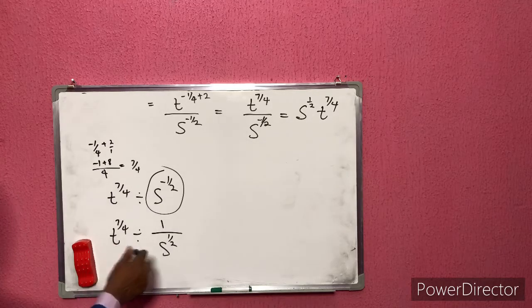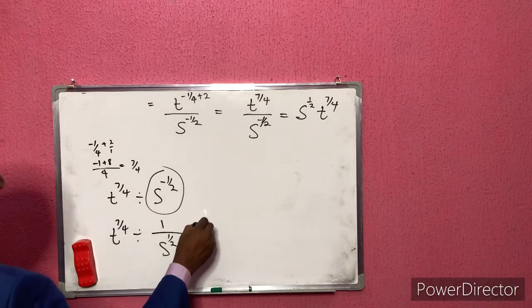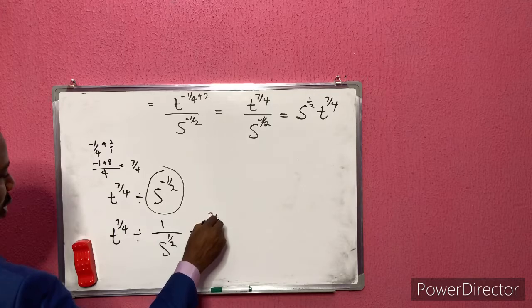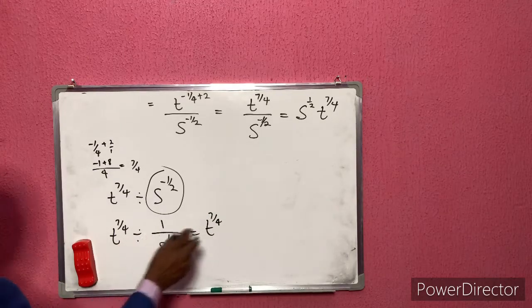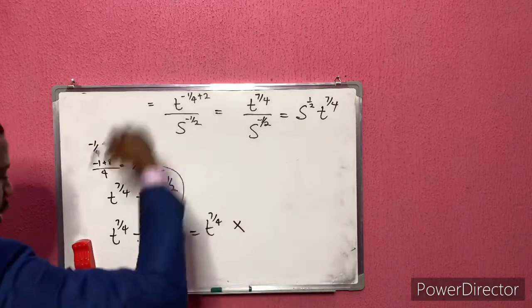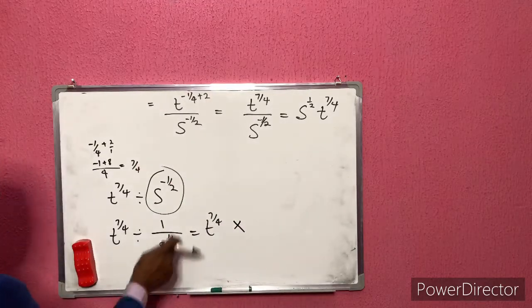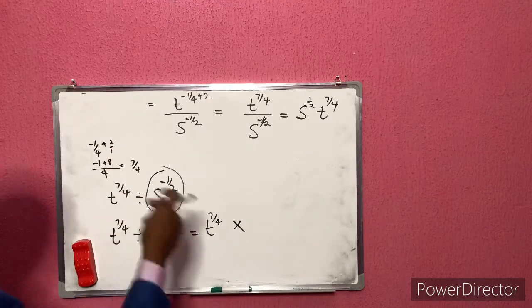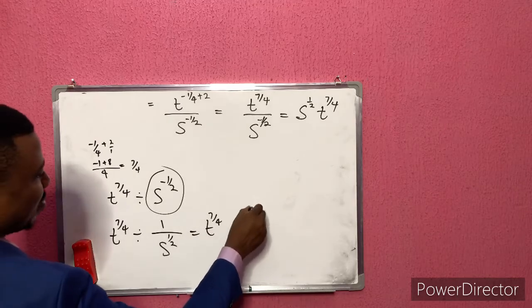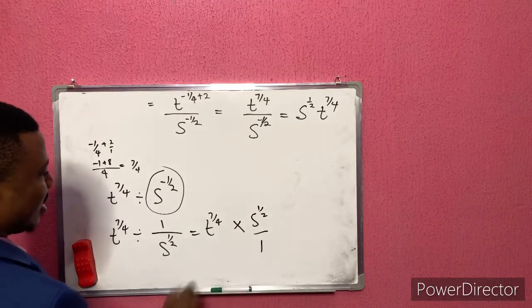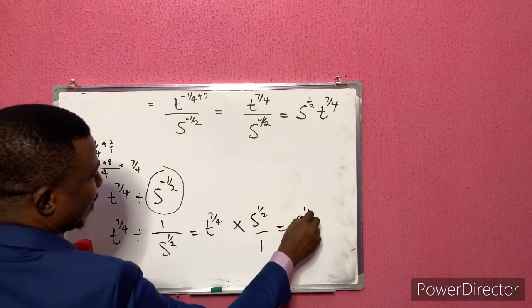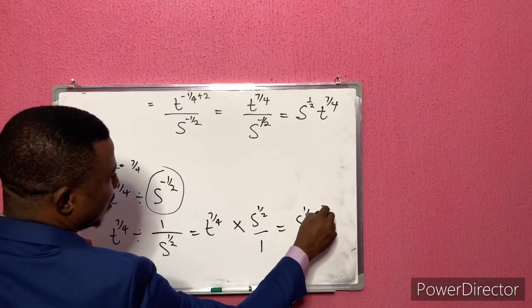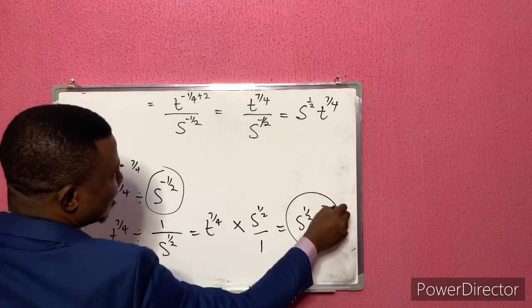You know what it means? That means t power 7 over 4. Change this division to multiplication. You have multiply by, turn upside down, numerator becomes denominator, denominator becomes numerator. You have x power half over 1. And this will give you x power half and t power 7 over 4. That is this.